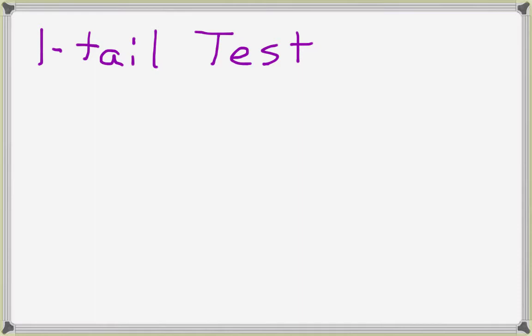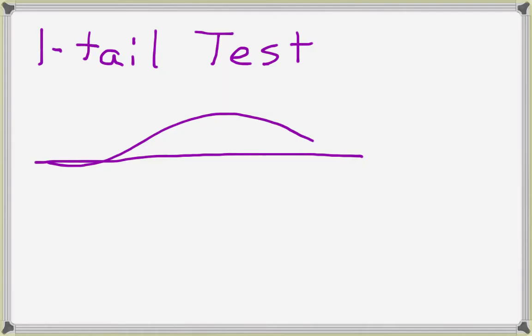Basically, a one-tail test kind of looks like this. We have our normal distribution, and it's kind of like one direction. It's either going to be one of two things, but that's what a one-tailed test looks like. And your critical values that we're going to talk about are different compared to a two-tailed test.